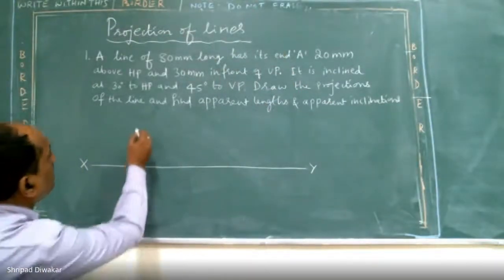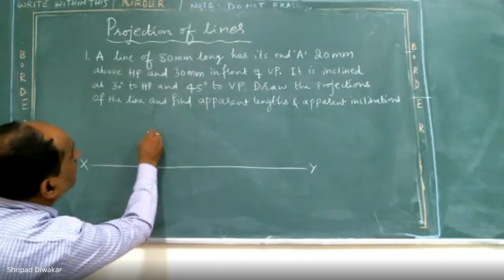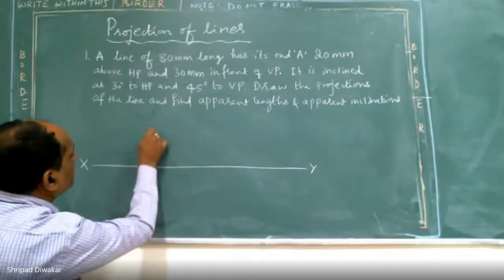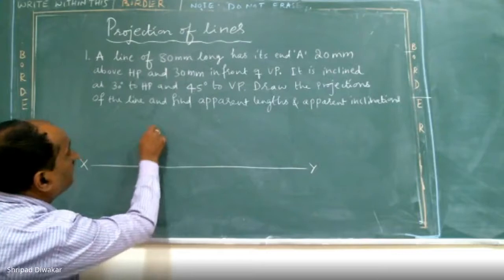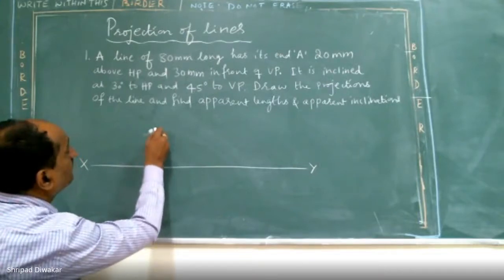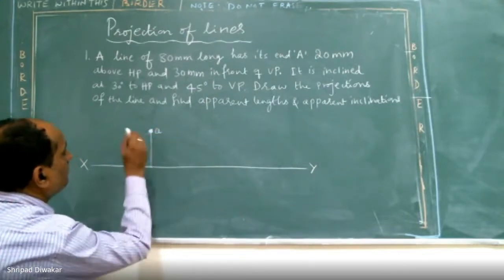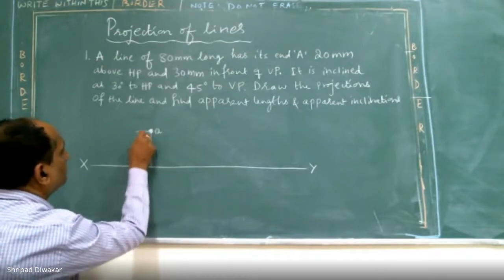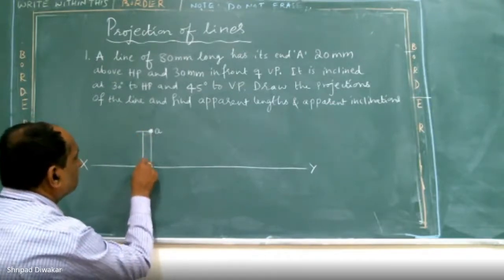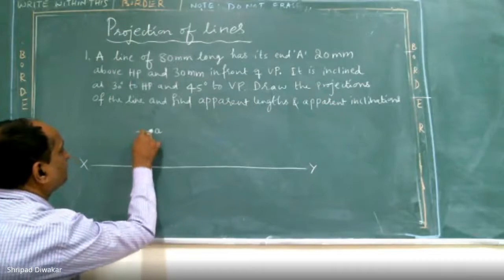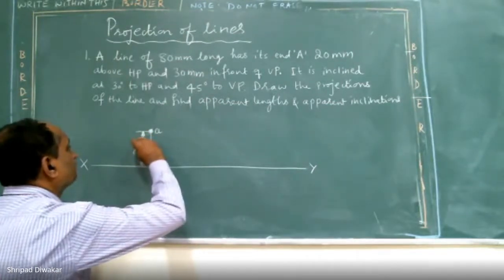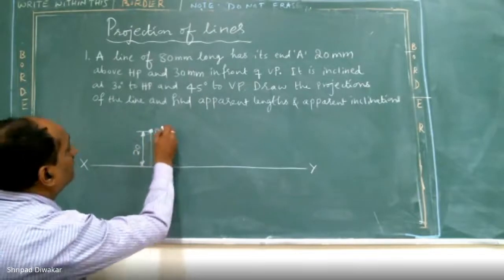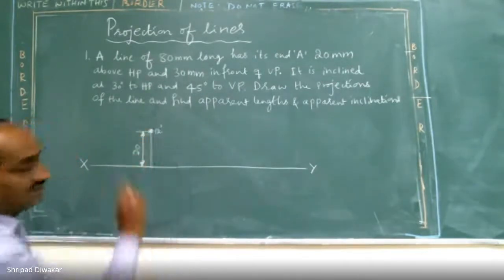Here point A is 20 mm above HP. First you locate the front view of point A. It is 20 mm above HP. Mark the dimension line 20 mm. Understood? This is the front view, so you represent it with a dash.